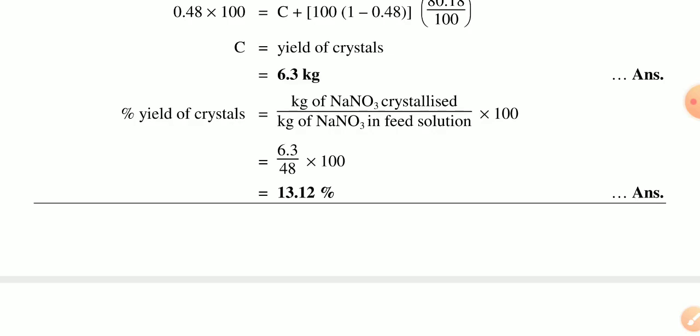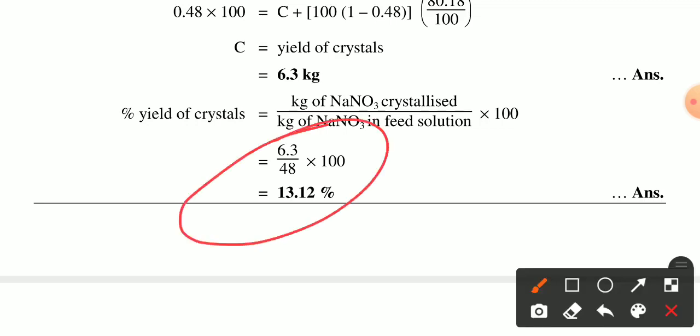So 6.3 by 48 multiplied by 100 is equal to 13.12. So the answer is 13.12. This is the yield.